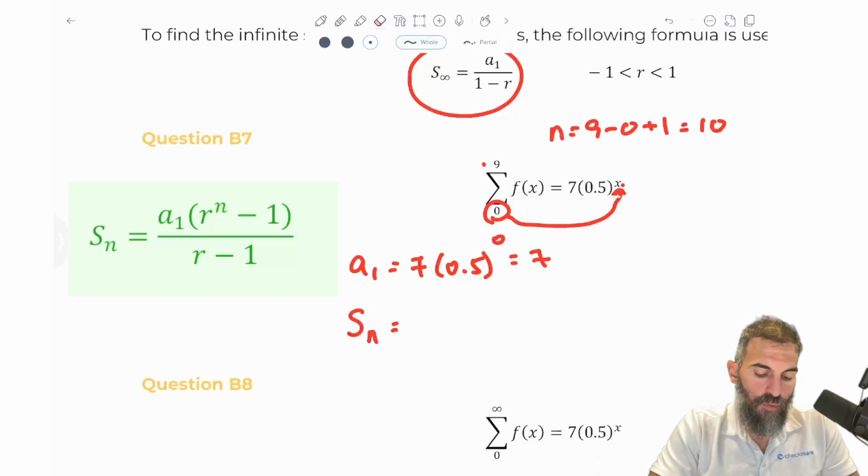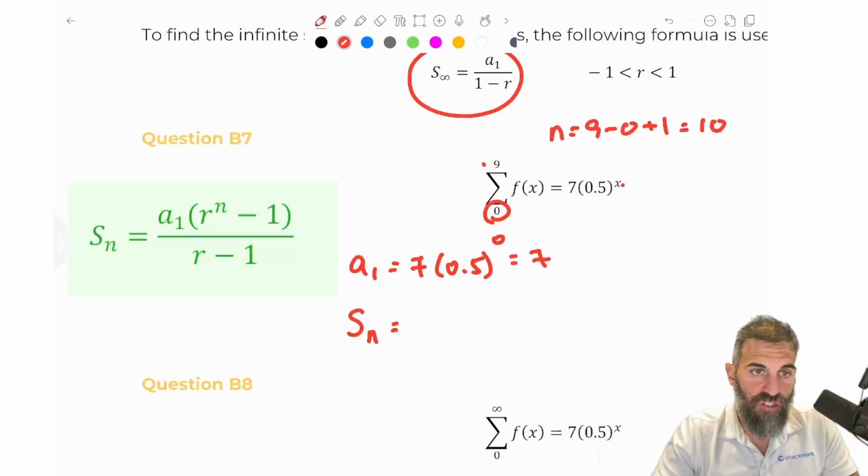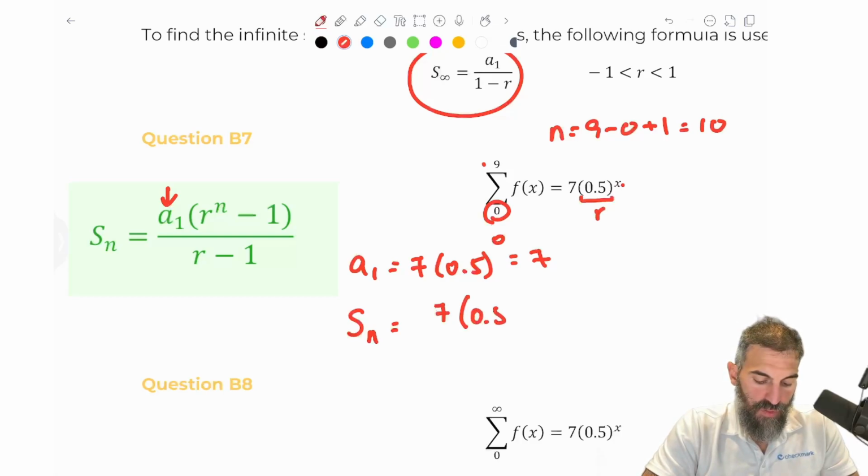So now if I want to find my n terms, oh, and remember that when you're looking at an equation like this, if the x is in the exponent, that's how you know that it's a geometric sequence and you're supposed to use this formula. So 7 is my A1. The rate is the base of the exponent when you look at an equation. So 0.5.